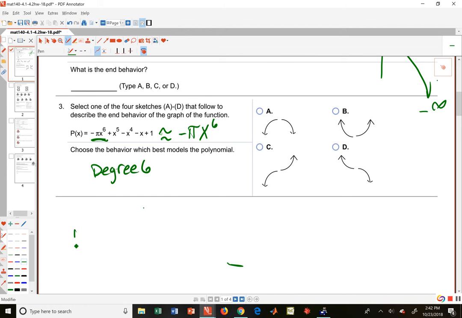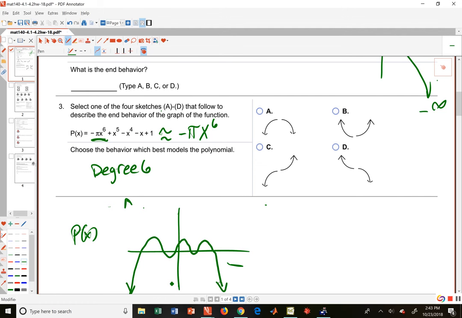So for p of x, we could get out our calculator, but roughly it's going to come out of negative infinity because of the even degree. It's going to wiggle around. This is that local behavior I was talking about, and it's going to leave at negative infinity.